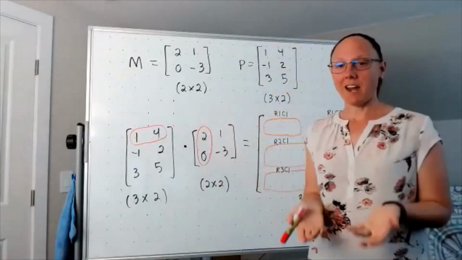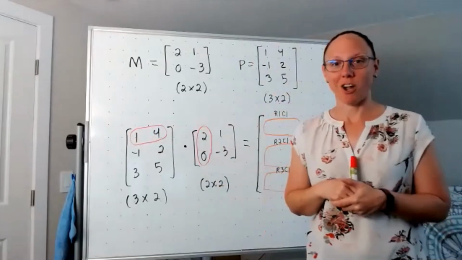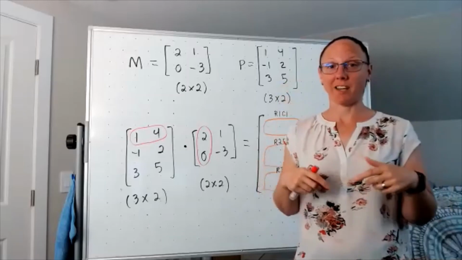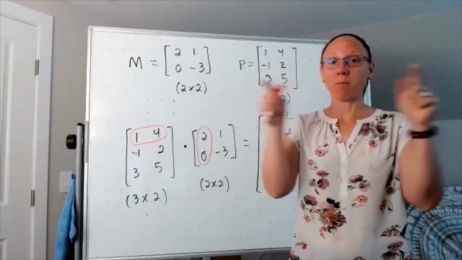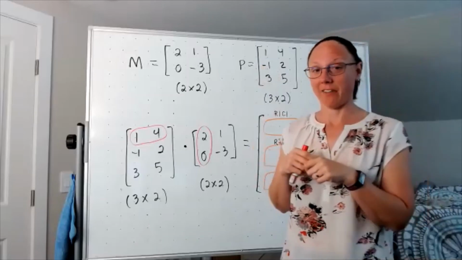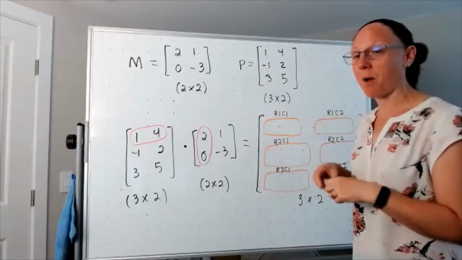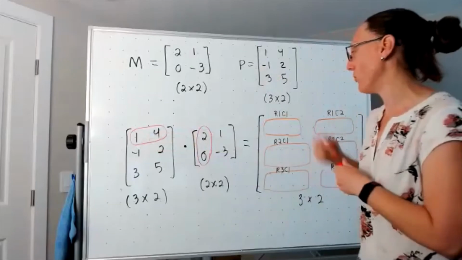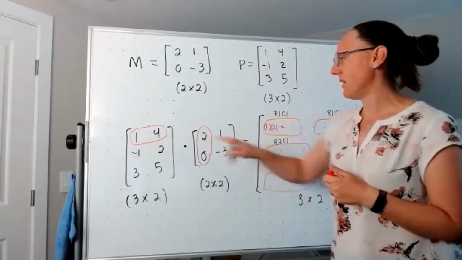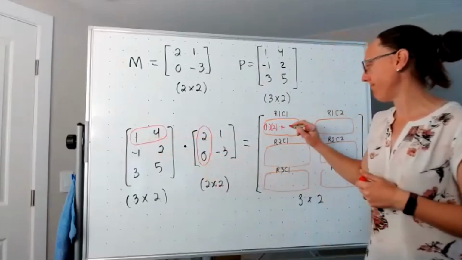And when I say times, technically it's a dot product. I'm taking the first components multiplied together, added to second components multiplied together. So what goes in this spot looks like 1 times 2 plus 4 times 0.